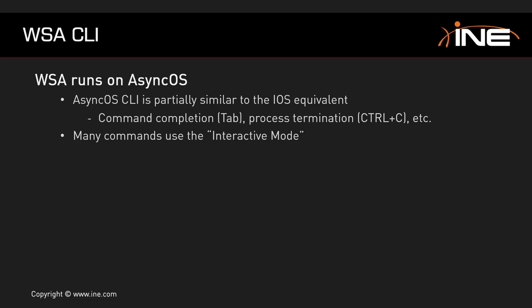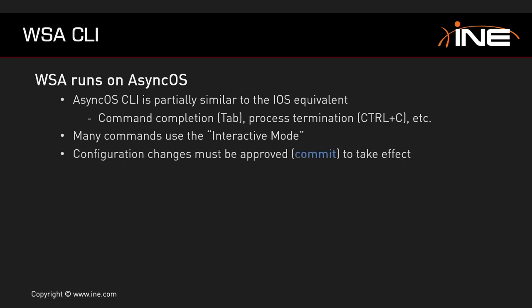Now, with WSA, we will, in most cases, deal with just one command, the main configuration statement, which is going to automatically get us to the so-called interactive mode, which is more like a set of menus with a bunch of options that we will be able to use to configure a given setting. This was also available on IOS for a small number of commands, like for example, auto secure. On the WSA, most of the commands are going to be using this type of syntax.